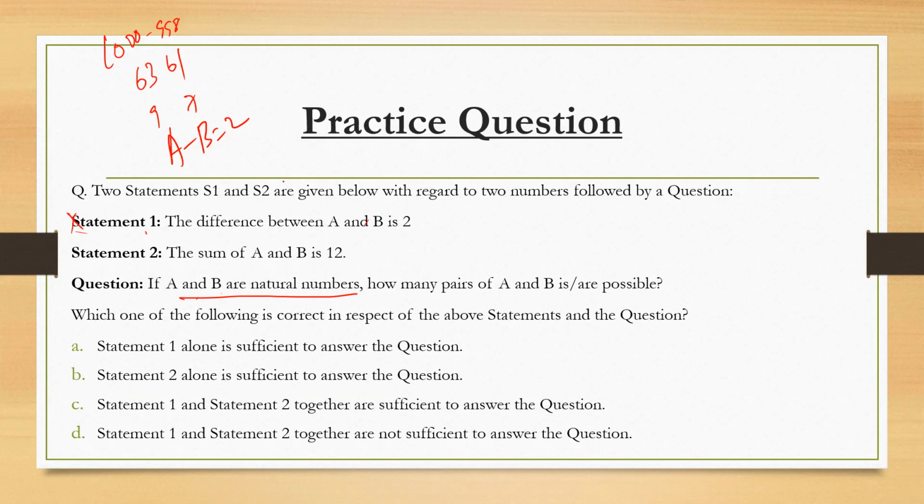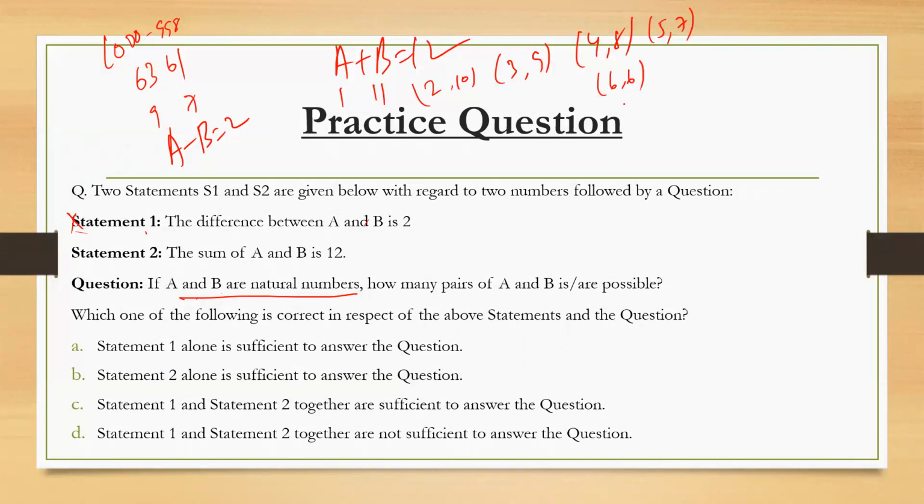Now what about statement 2? It says the sum of a and b is 12. And here the nature is clearly given that they are natural numbers. That means it will start with 1, 11; 2, 10; 3, 9; 4, 8; 5, 7; 6, 6; then 7, 5. That means we are going back: 8, 4; 9, 3; 10, 2; and 11, 1.